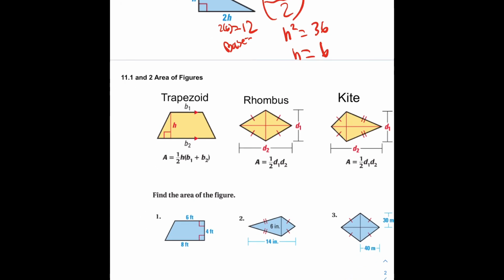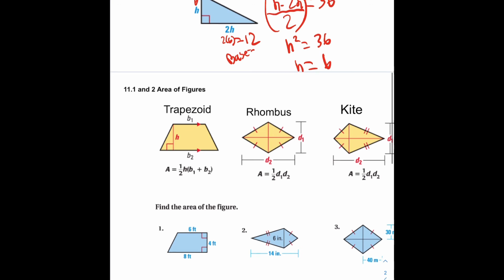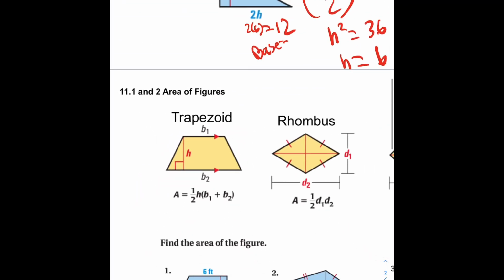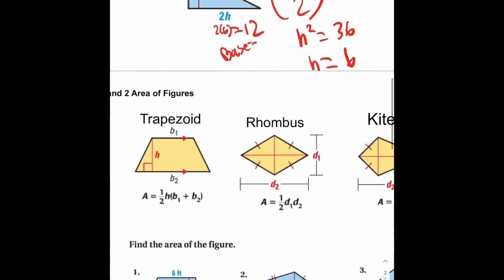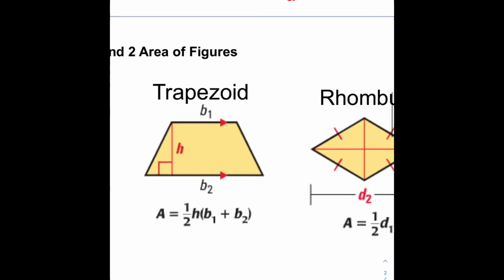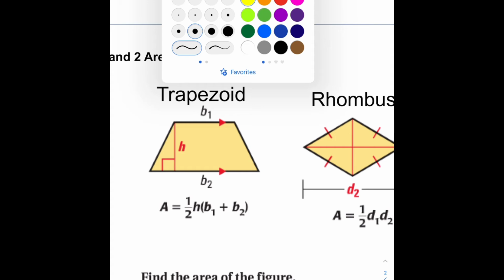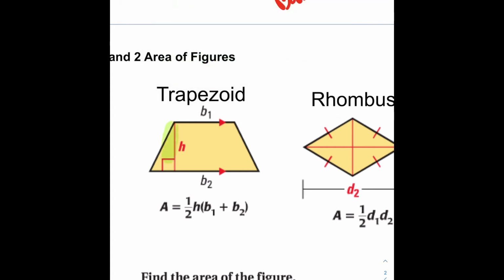We also have a few different types of shapes as well. We have a trapezoid, a rhombus, and a kite. Trapezoids, remember, have 2 parallel lines. And so if we look at how this area formula is calculated, it's almost like we have one triangle right here.